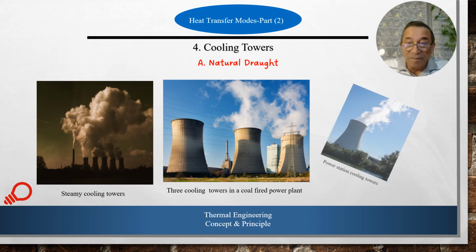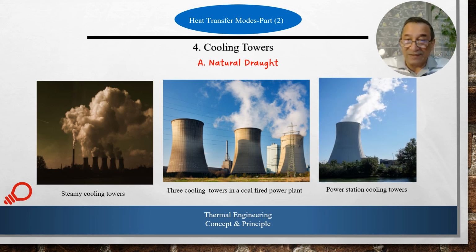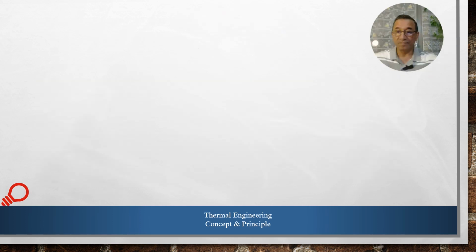And we can see from these types steam just rising and leaving the structure of the cooling tower due to the evaporation of part of the water, which should be replaced by making up water, that could be compensated as a result of the loss of this amount of water.